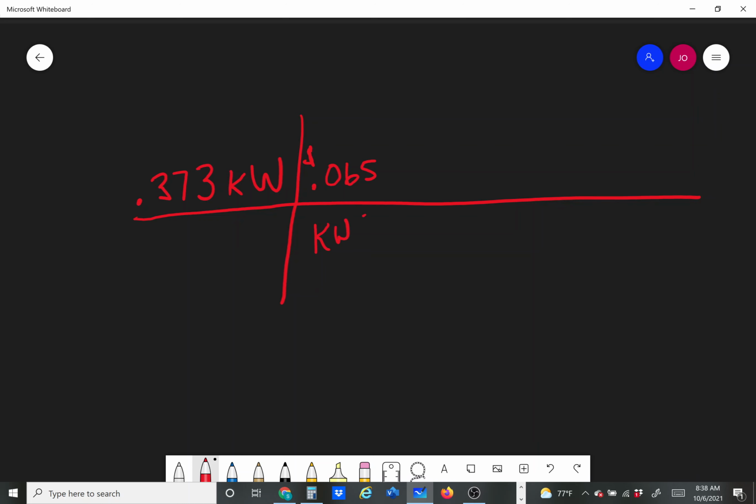Per kilowatt hour. And I know, hopefully I know anyway, that there are 24 hours in a day. Because that's what it's asking me. The question is asking me, how much will it cost per day to run this thing?